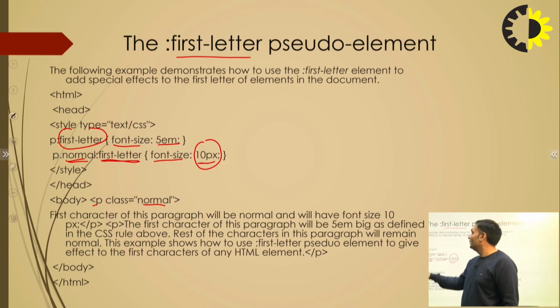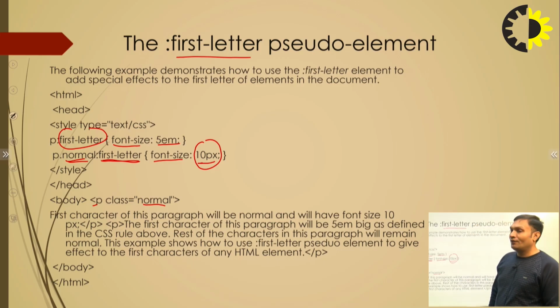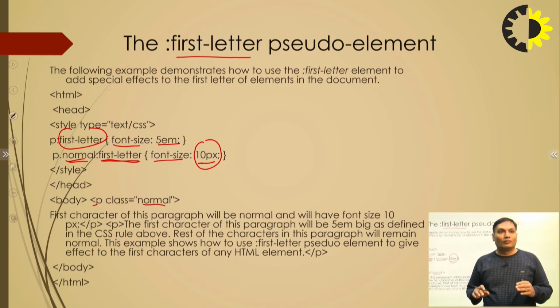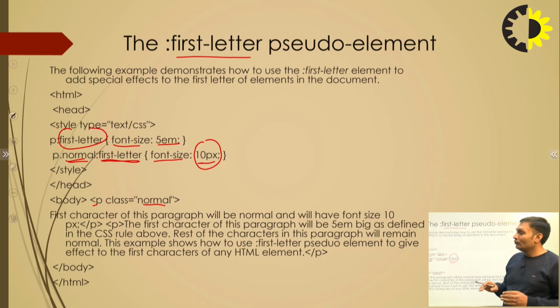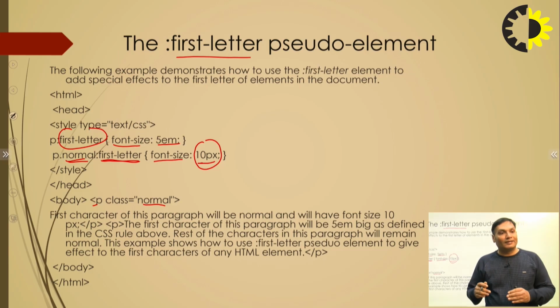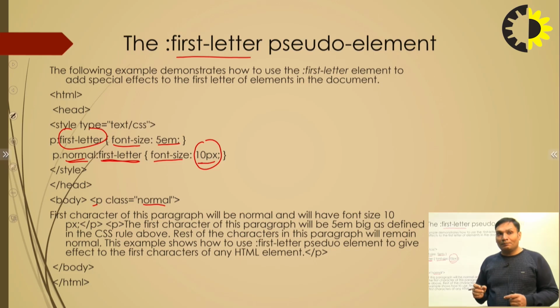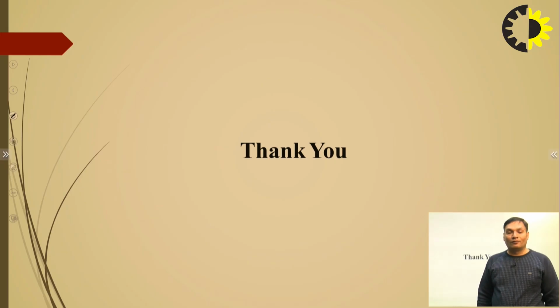This is the way of writing the pseudo element. So there is a clear difference between a pseudo class and a pseudo element: a pseudo class represents the particular state of an element and a pseudo element represents the particular part of an element, not the complete element. So that's all for today's class.